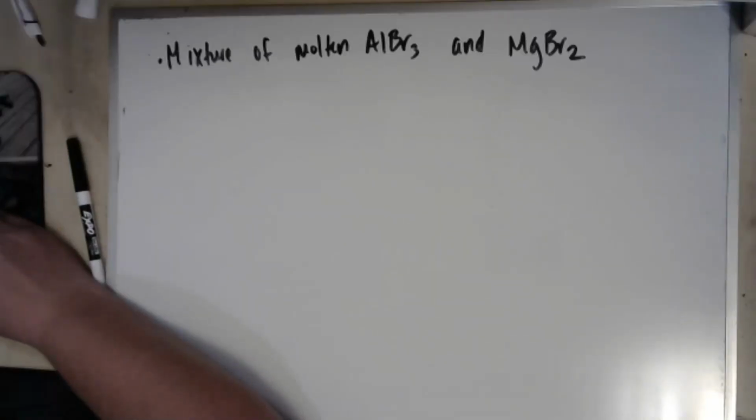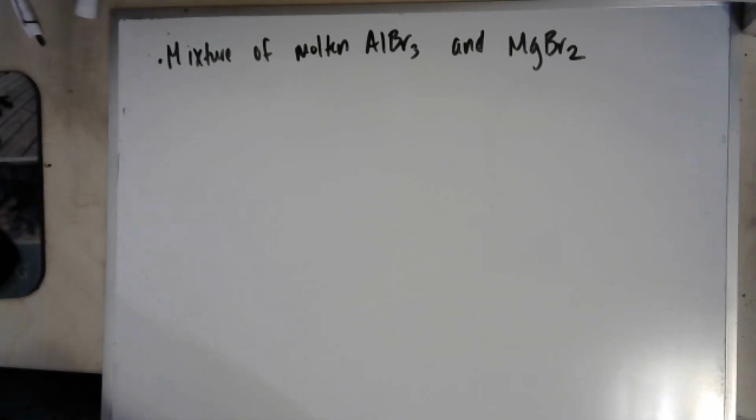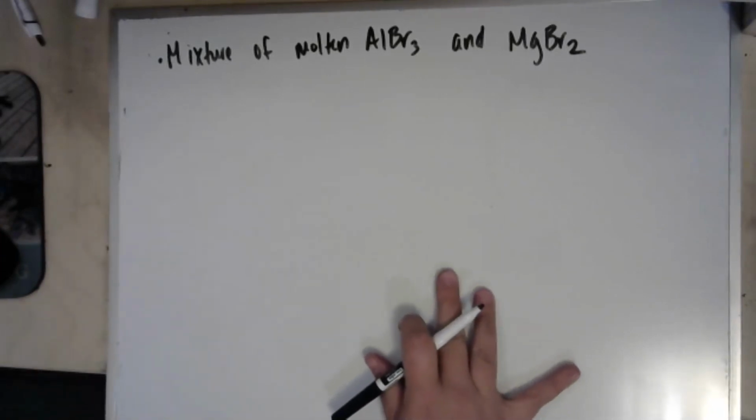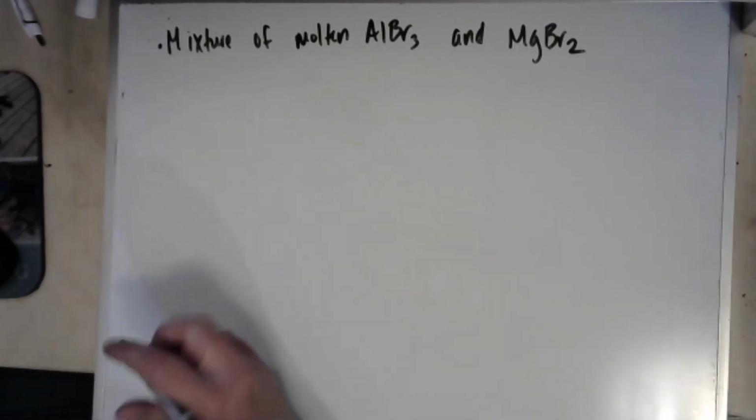Okay, so before we actually look at this problem, I just want to say a few things about electrolysis and electrolytic cells in general, because the process differs a little bit from the voltaic cells, which are the ones that we were working with earlier.